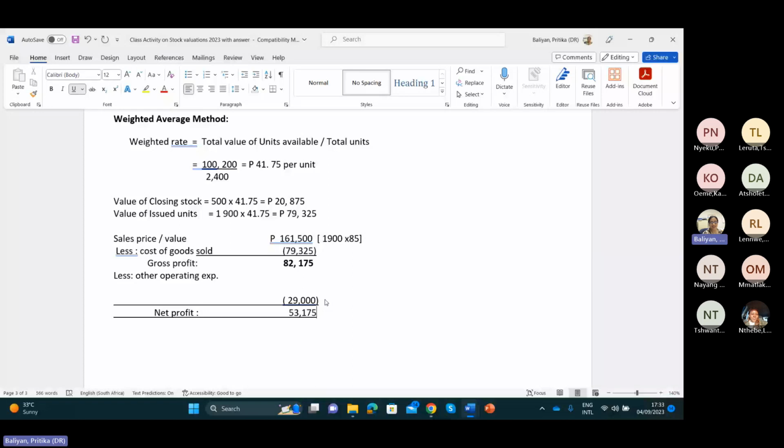Everybody get the same answer? Yes, ma'am. Okay. So that's how we calculate the gross profit and net profit.